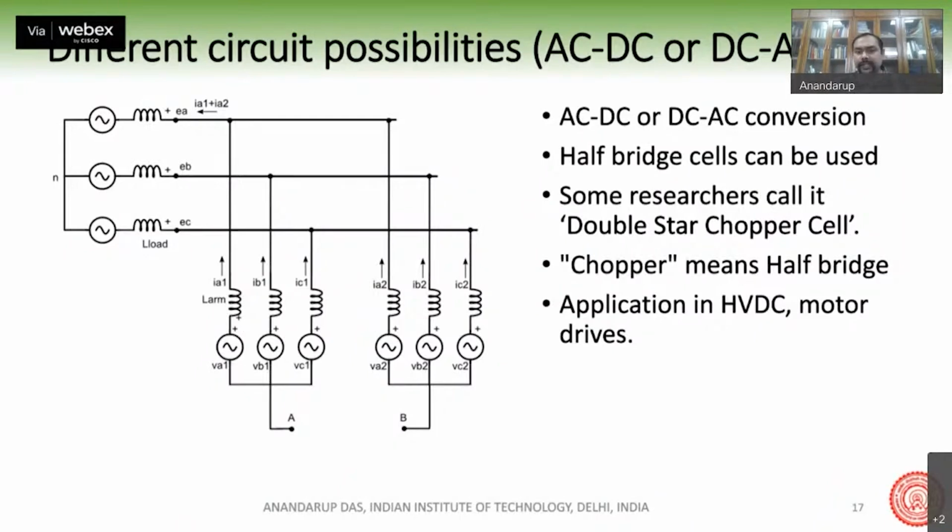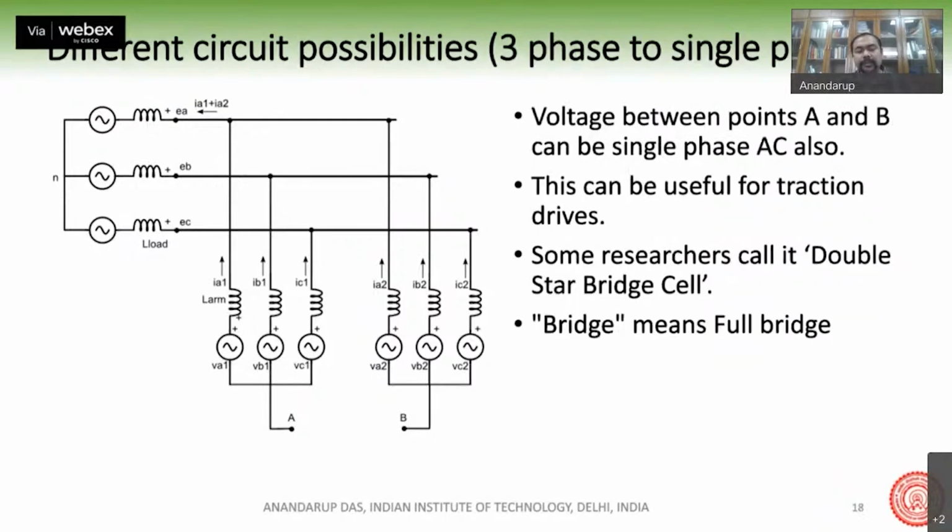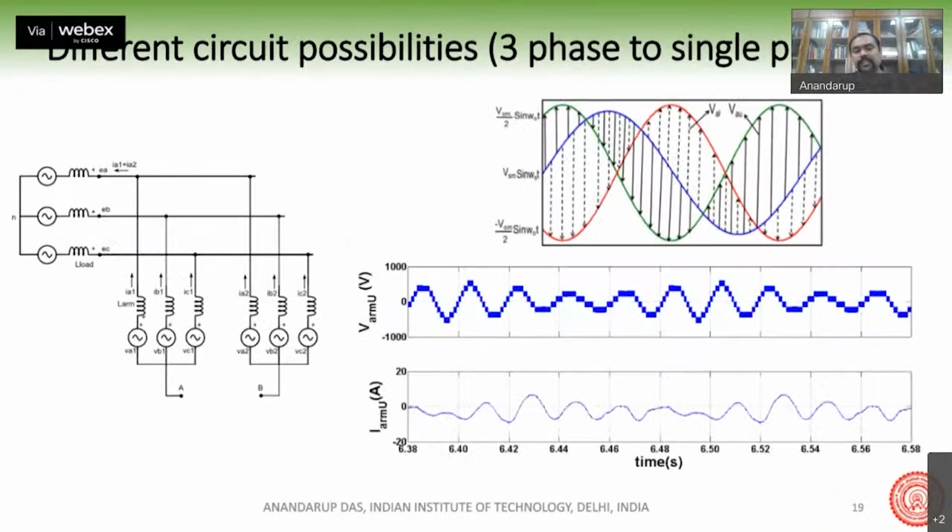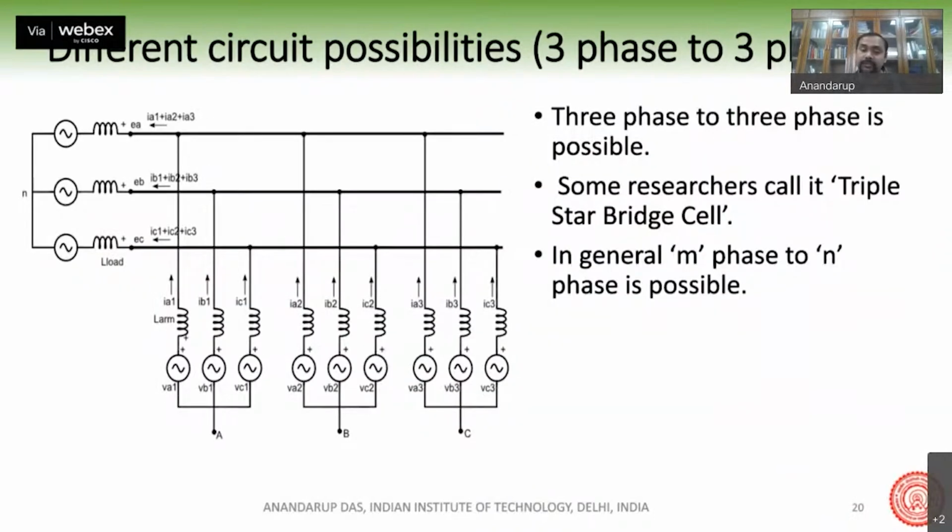AC to DC, DC to AC, double star chopper cell and all. You can have AC to AC conversion, 3-phase to single phase, of course non-isolated. This is also possible. Then 3-phase to 3-phase, which is the modular multilevel matrix converter.